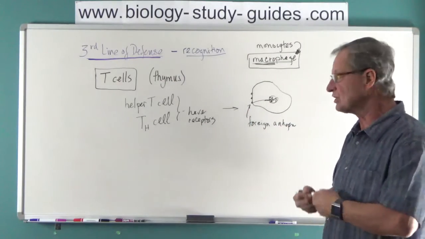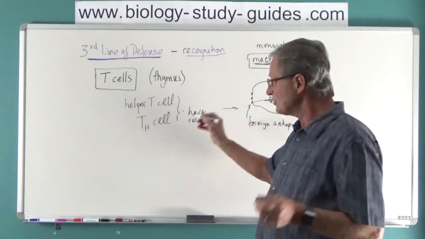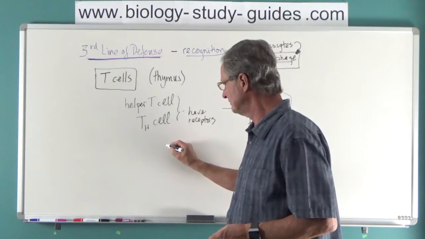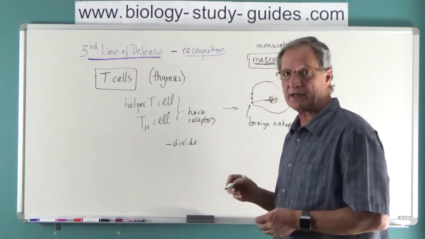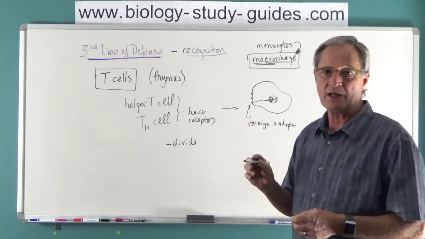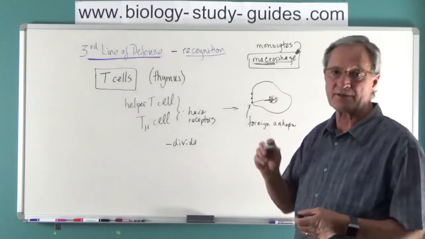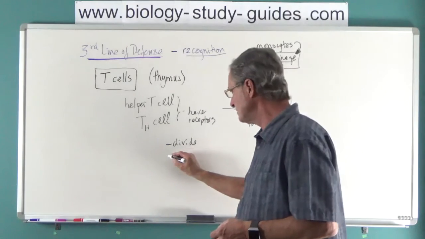In response to that, these helper T cells do a number of things. First of all, they'll divide, because it stimulates cell division, it's mitosis, and they'll release cytotoxins, the same as the other cells do, and other types of proteins.